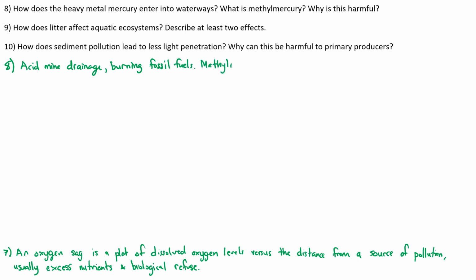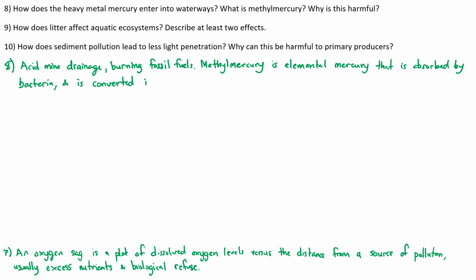Methylmercury is elemental mercury that is absorbed by bacteria and is converted into a form that is highly toxic to animals and humans.